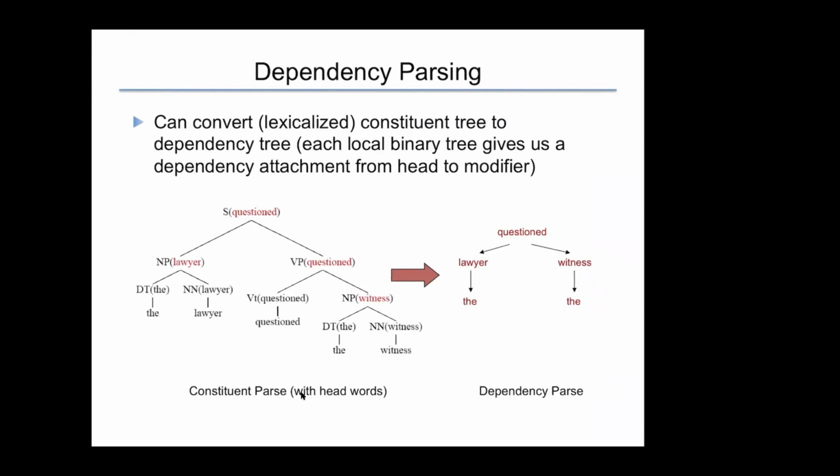That's how people did it. And people usually use the dependency parse for any machine learning task because it's easy to define features. For instance, if you want to measure syntactic distance between two words, it makes more sense to measure the distance in the dependency parse because you don't have any non-terminal nodes.